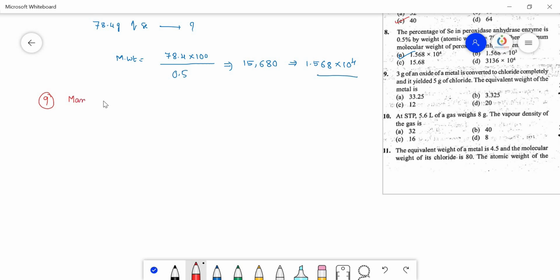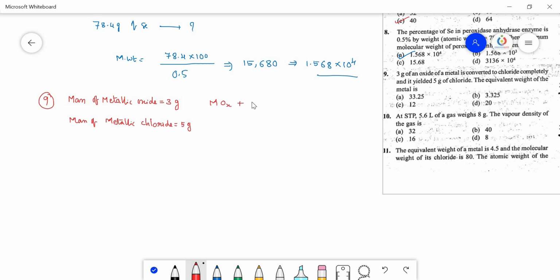Mass of metallic oxide is three grams, and mass of metallic chloride is five grams, and they are saying that whatever metal is present in the oxide is completely converted into the chloride. So let us consider some MOX is there.